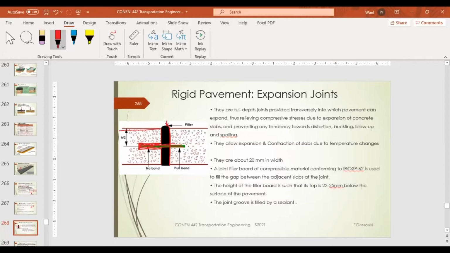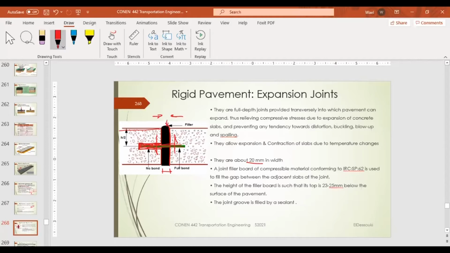This way we allow for expansion, with the rubber elastic material in between, and the spacing between them is basically 20 millimeters wide. There's no bonding, so this dowel can go in and out by millimeters, but the shear is maintained. It transfers shear, but it does not transfer axial forces.